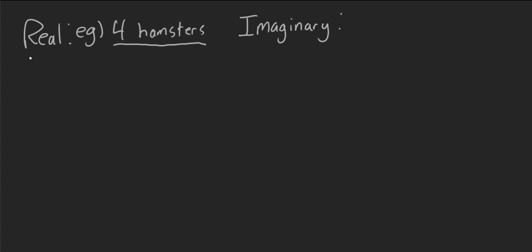Imaginary numbers, typically represented as i or j in a formula, are equal to the square root of -1. Typically, if you were to enter this on a calculator that's not in complex mode, it wouldn't be able to calculate it because it's normally not possible.